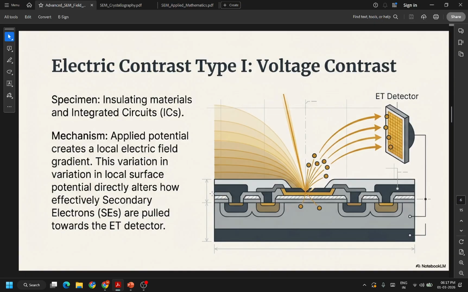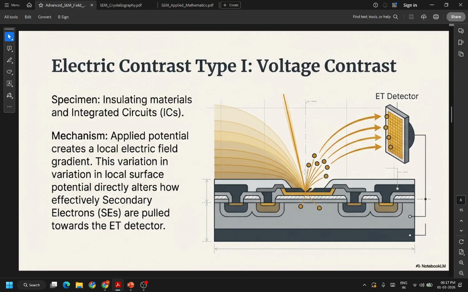Now the region where you are imaging is at a certain applied potential, and there's a potential on your detector.